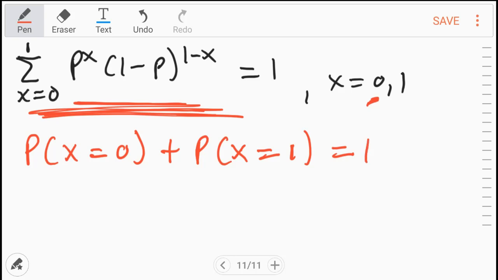And we want to show that if we add P of x is equal to 0 and P of x is equal to 1, you're supposed to get 1. So this is what we want to prove.